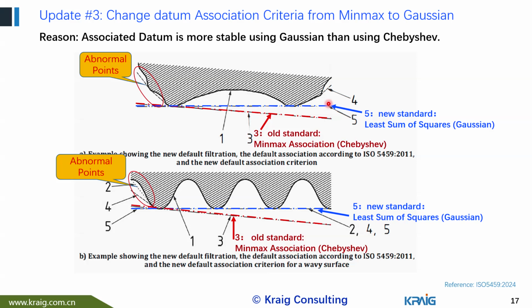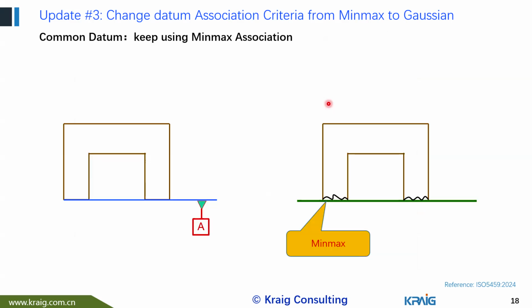Okay, again, as I mentioned, the change only applies to a single plane as datum. So there's a change. But what about when datum A is two surfaces? Here is surface number 1, and here is surface number 2. This is not single.